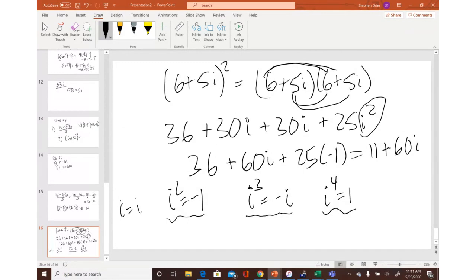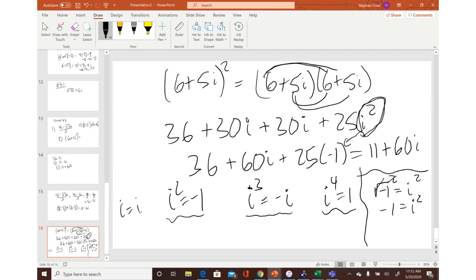The idea becomes, if the square root of -1 is equal to i, if you square both sides, you would get that i squared is equal to -1. And so that's what we're using when I take i squared and convert it to -1.